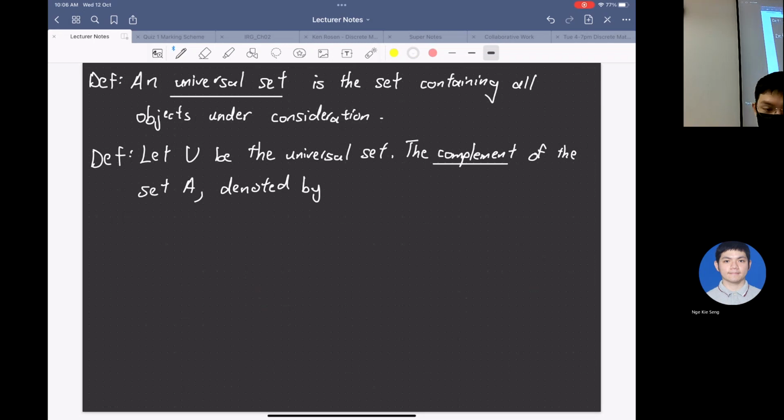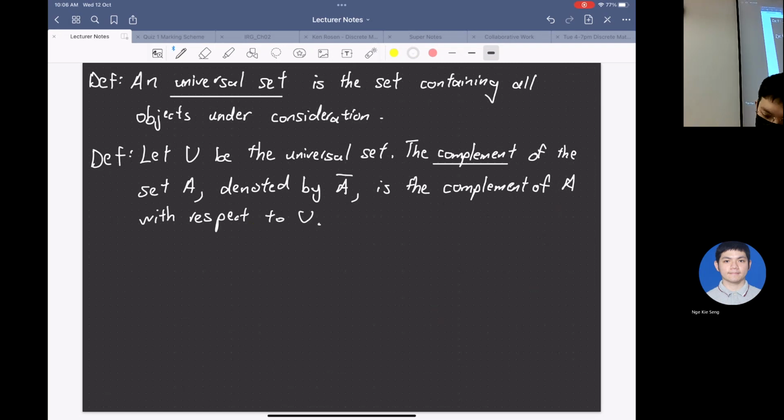We write it as A bar, the complement of A with respect to U. Sometimes we write A^C, A complement, or U minus A. So A bar is the set of x in the universe such that x is not in A.